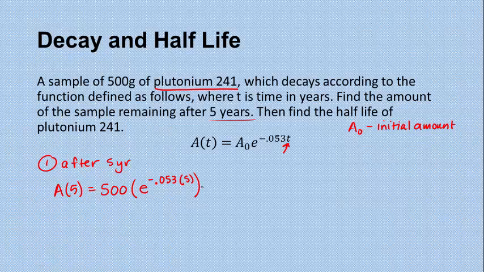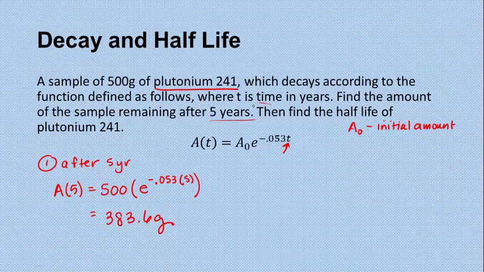All right, so after 5 years, it shows up for me that the amount of plutonium-241 that remains from this original sample is 383.6 grams, and I think that's a good place to round. So 383.6 grams remain after the 5 years.